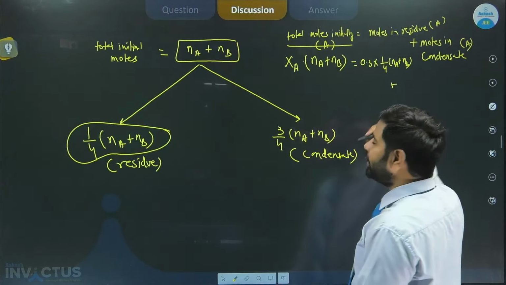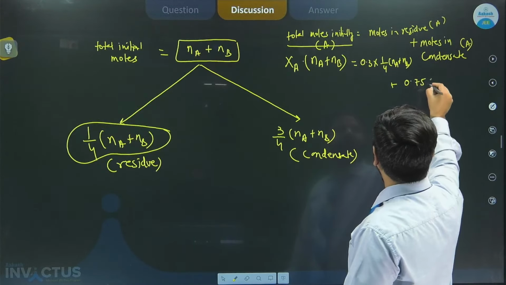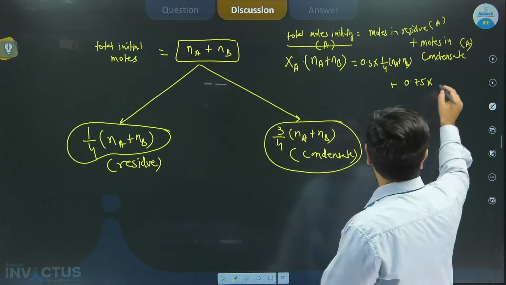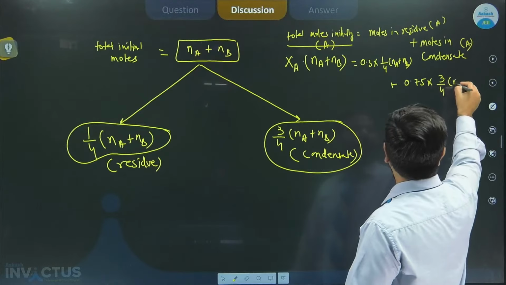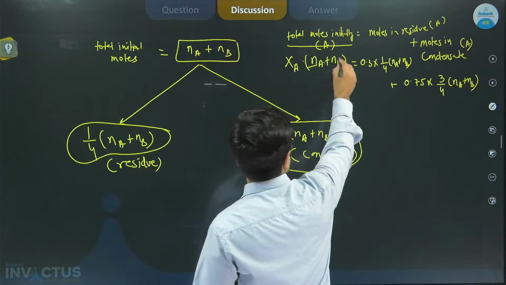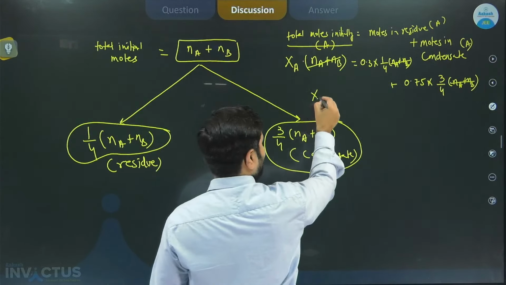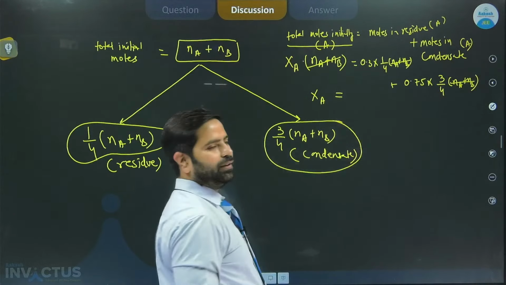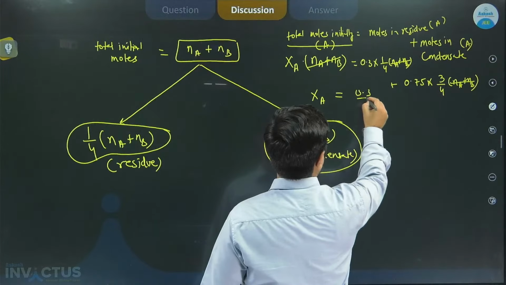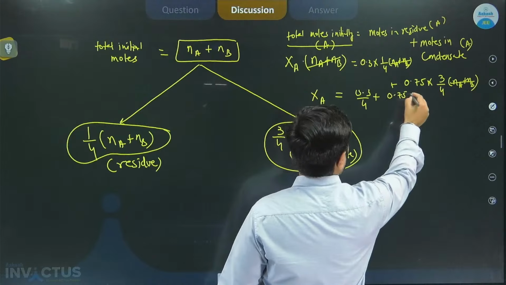So how can we calculate the moles of A in condensate? 0.75 multiplied by the total moles in the condensate, so 3/4 Na plus Nb. From here Na plus Nb would cancel out and we can calculate the value of Xa. So the value of Xa would be 0.3/4 plus 0.75 into 3/4.